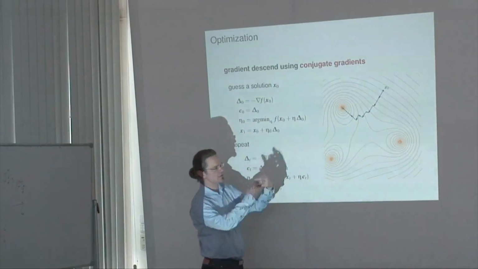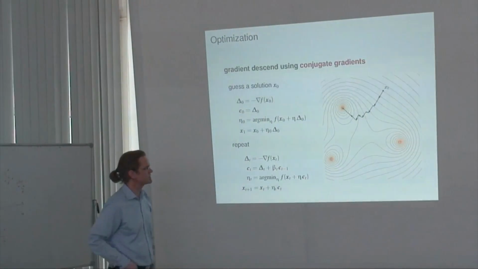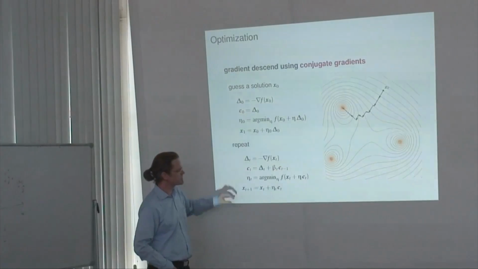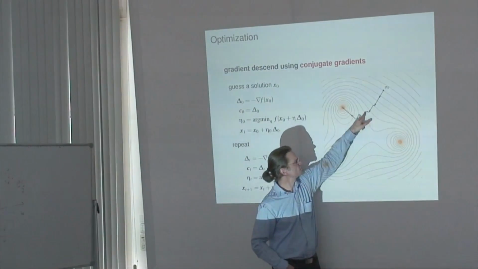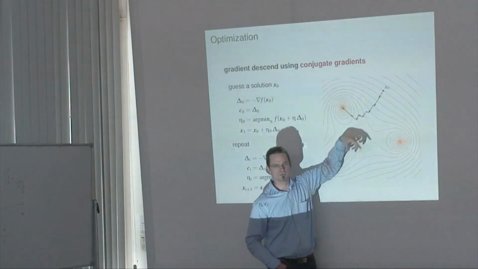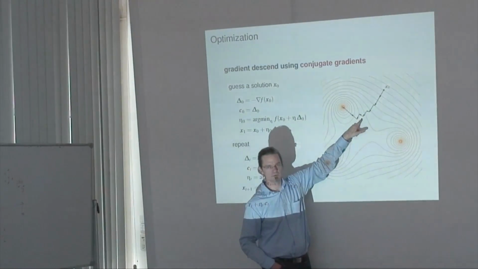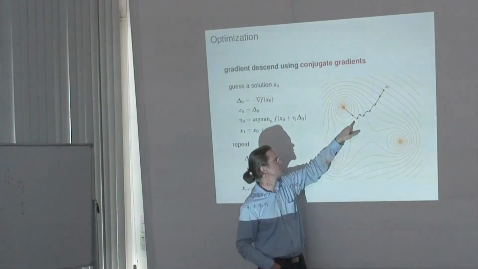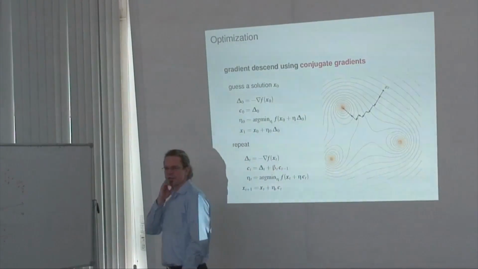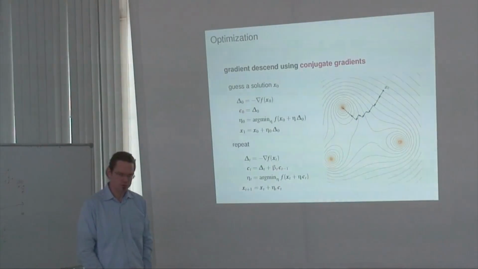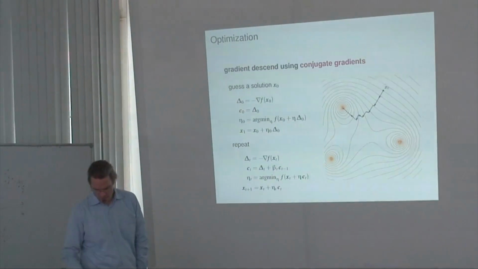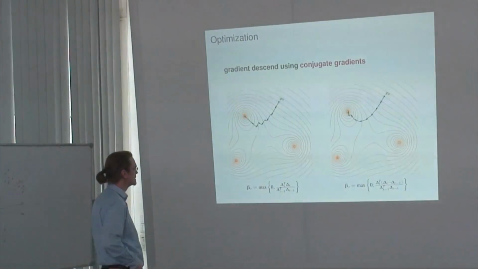Second step is a step again into the direction of the gradient, and then the third step is the second iteration of this loop. All of a sudden we do not step here, but perpendicular to the previous gradient, and then perpendicular and perpendicular, so it's a more or less right-angular approach towards the minimum.